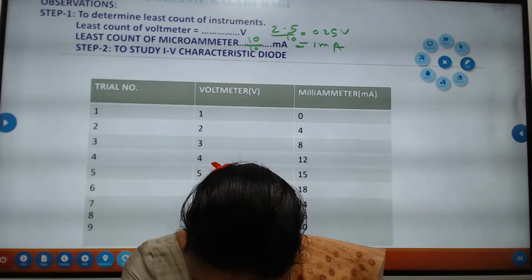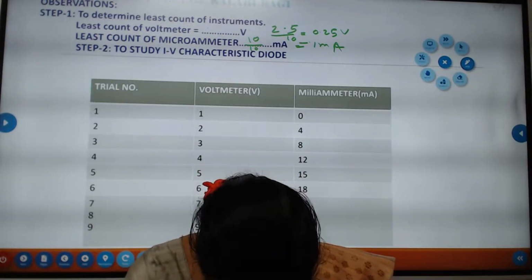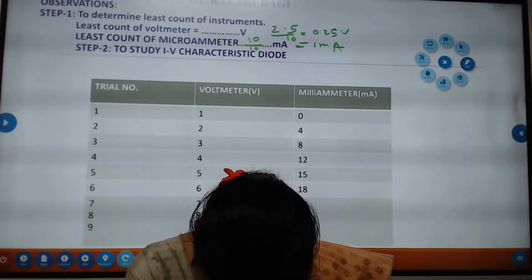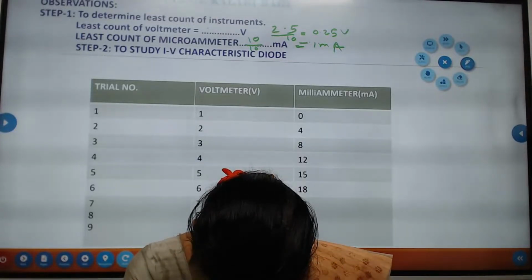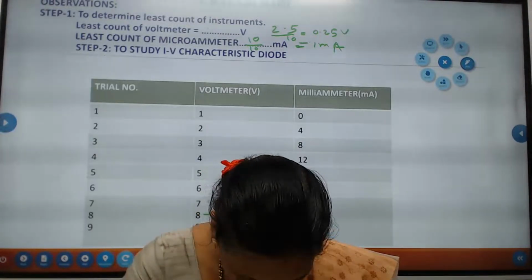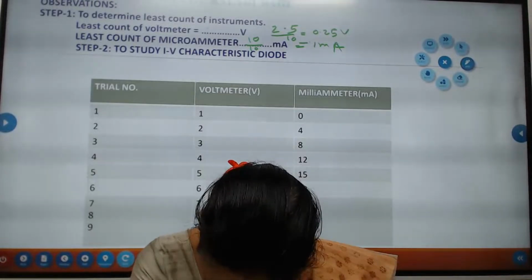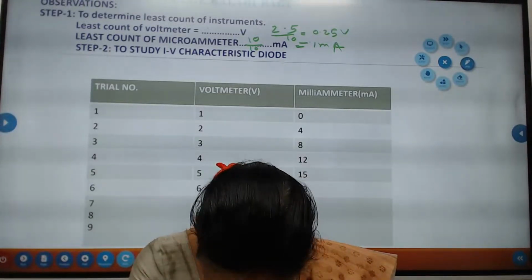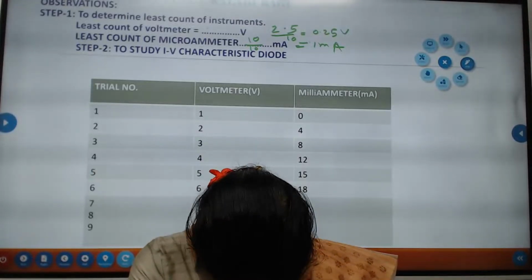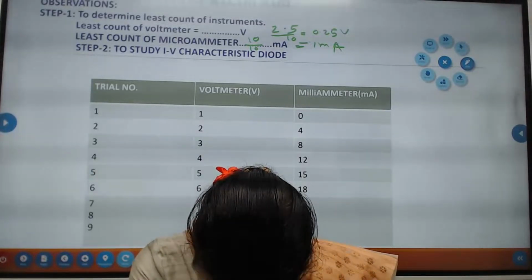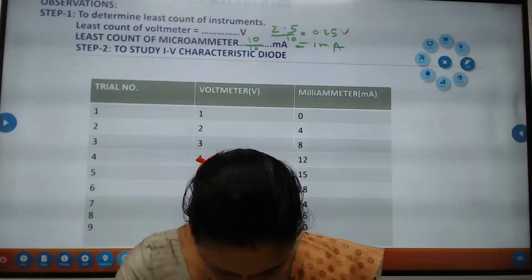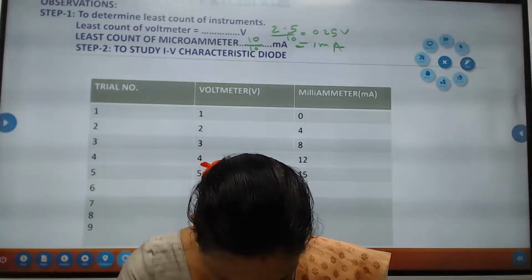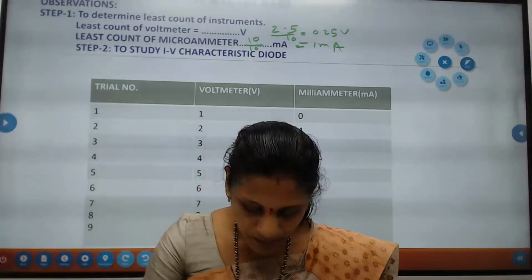If I take 7.75, it is showing 25. For 8 volt it is showing 26 milli. Then 8.25, 27 milli. Then suddenly here it increases from 26 milli to 39 milliampere.